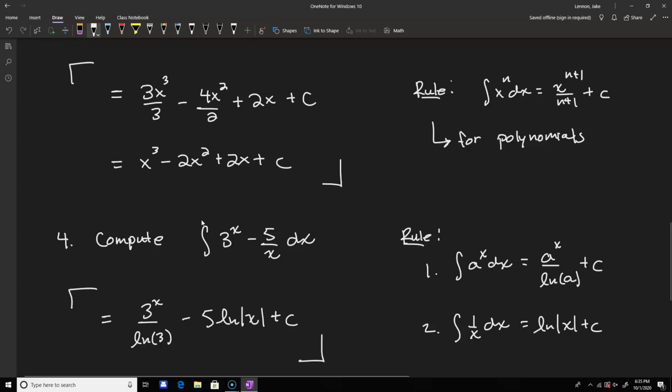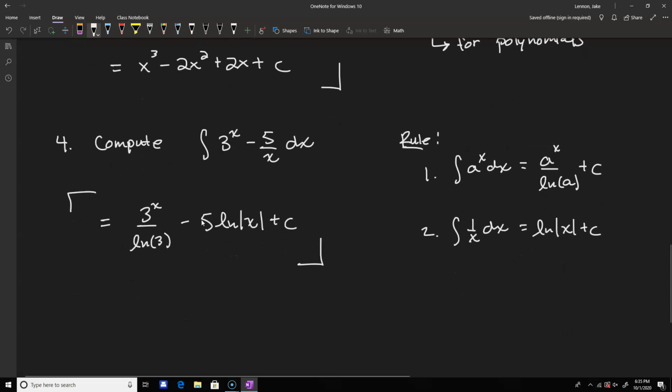So another rule that we didn't use here, let's call this 1 star. If it were the integral of, remember, e to the kx, where e is Euler's number, this is e to the kx divided by k plus c.